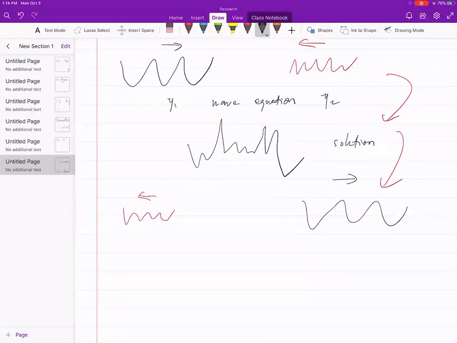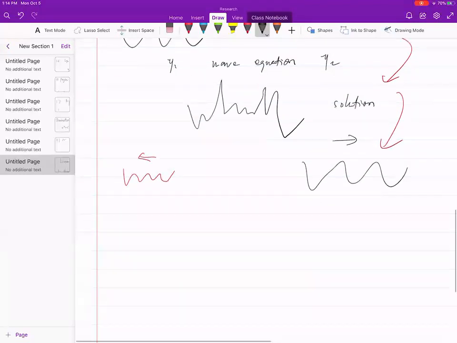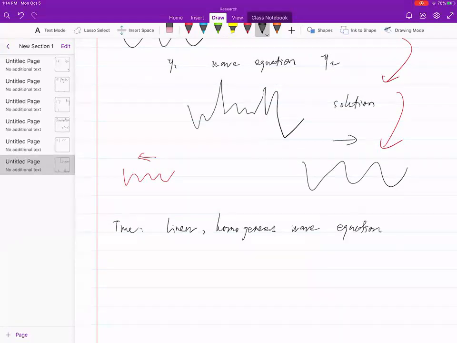This is true because you are trying to solve the linear homogeneous wave equation. That means when you are trying to solve a non-homogeneous wave equation, superposition is not true. You add two waves together, it's not a solution anymore.